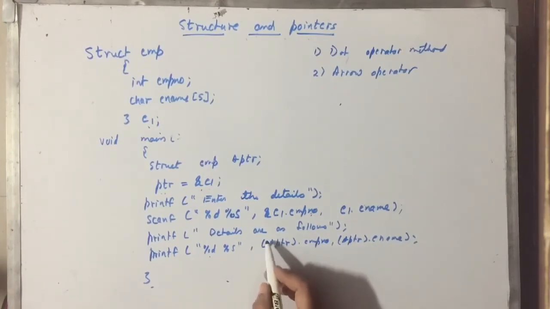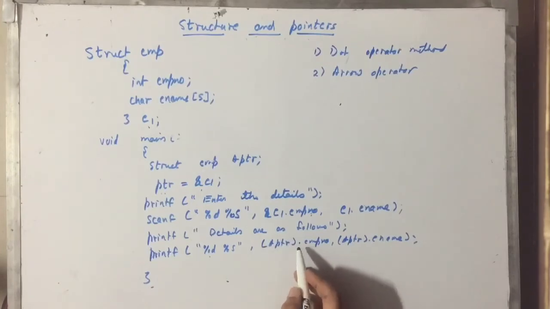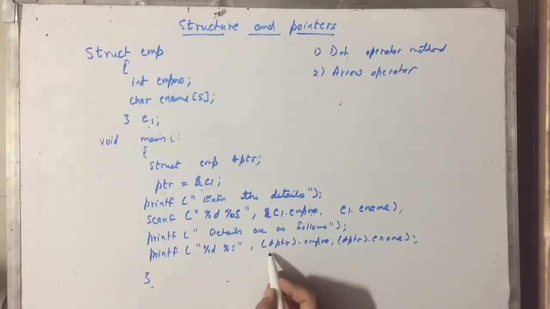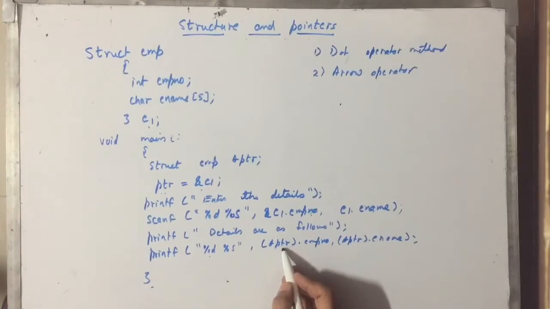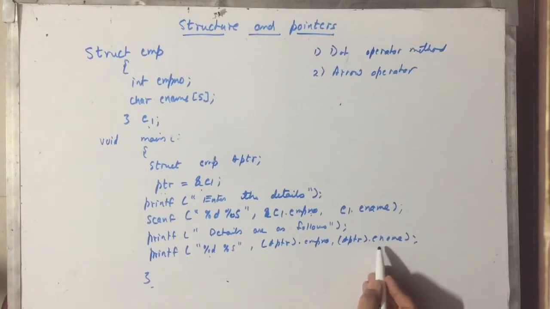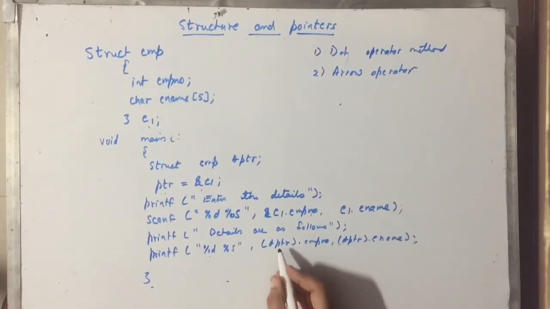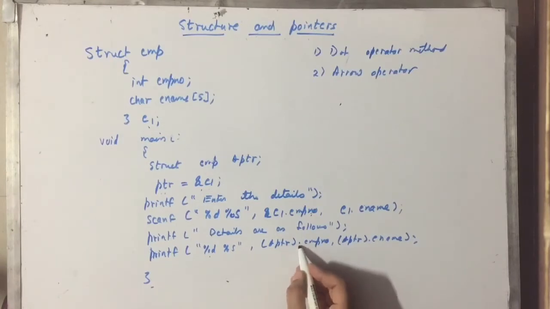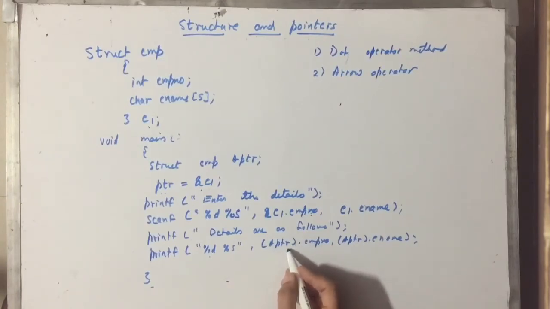We have to be very clear that you have to put a bracket here, otherwise the dot operator, having higher precedence, is solved first. When we put brackets, we first take the content of the pointer, then the member variable empno, and the content of the pointer, then the member variable ename. So whenever we use pointers with the dot operator method, you have to put brackets on both sides of your pointer variable.